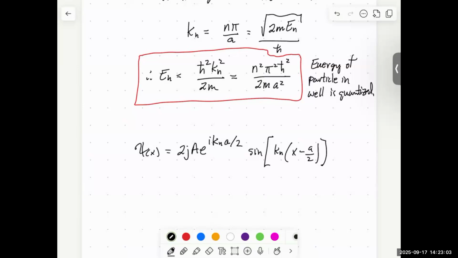Even if we were to calculate expectation values, it's going to be the integral of psi star times an operator times psi. And so you're still going to get these factors canceling. As long as there's no x in here, like if your momentum operator has derivatives of x, so we can't have an x in here, but as long as these are constants, it's always going to cancel.